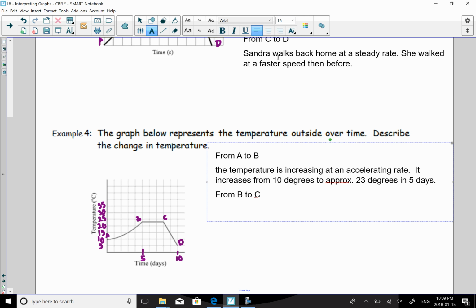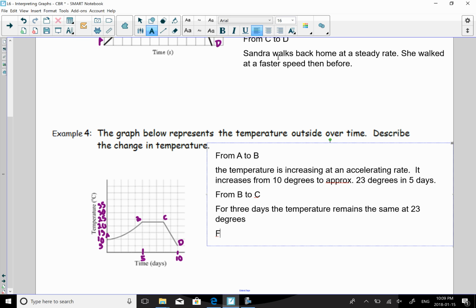Okay. From B to C, temperature does not change. So 4, 5, 6, 7, 8. So for 3 days, the temperature remains the same at 23 degrees. And then from C to D, the temperature is decreasing.